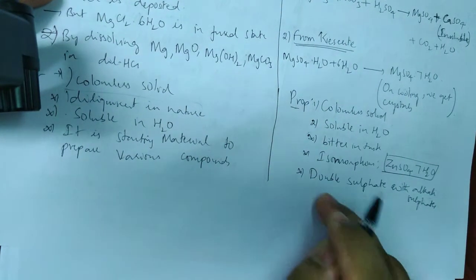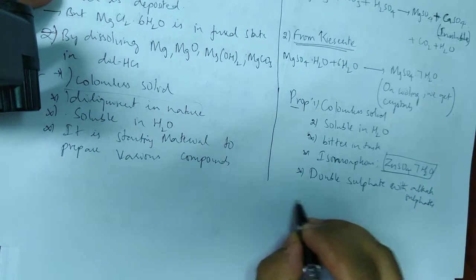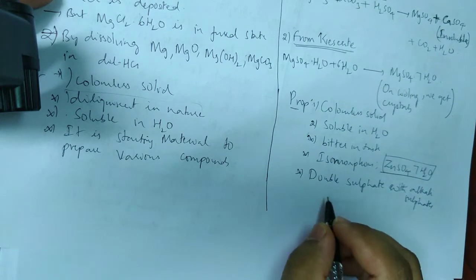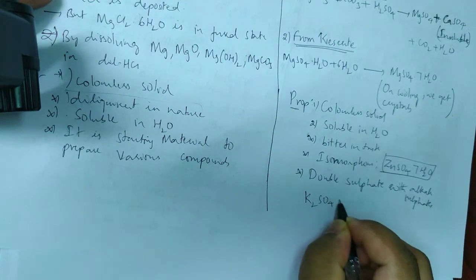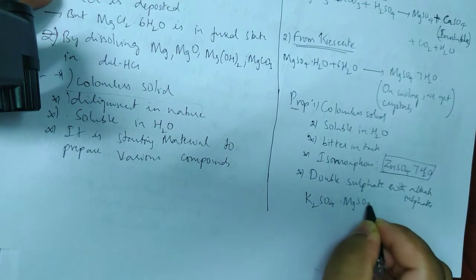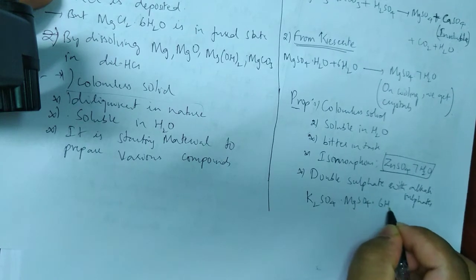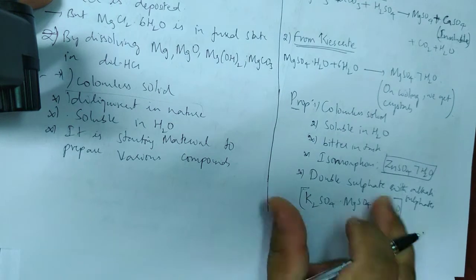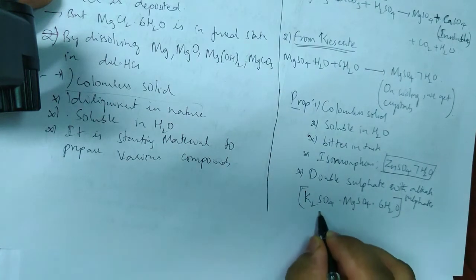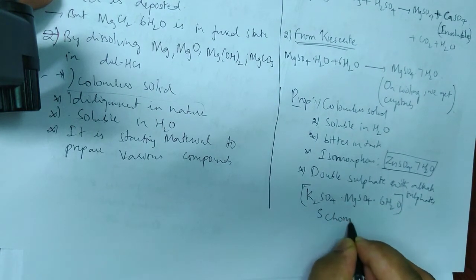Same way, magnesium sulfate forms double sulfates with alkali sulfates, for example K2SO4·MgSO4·6H2O. So this put together is one compound which exists together. And in fact, the name of this one is Schoenite.